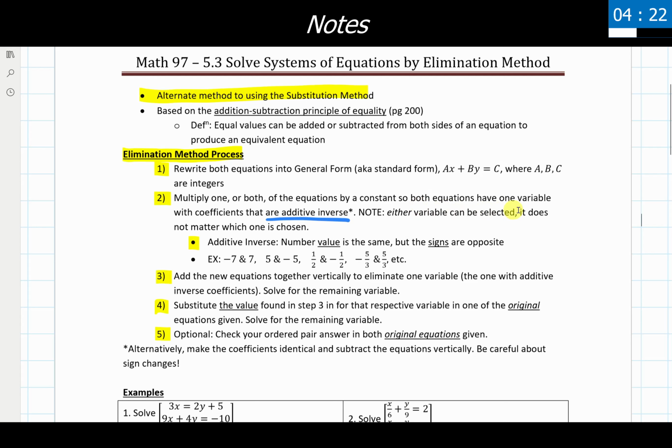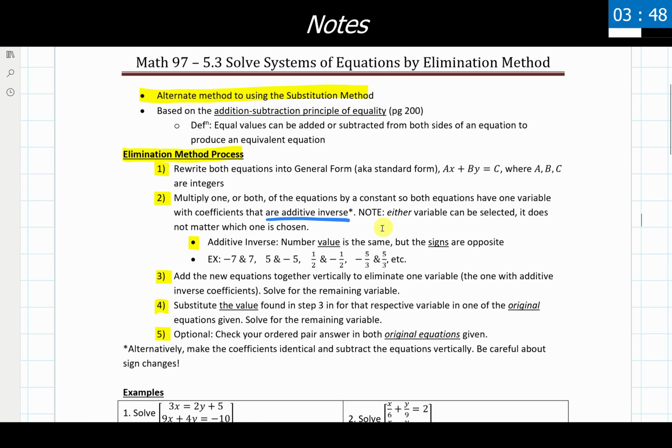So both of the equations have one variable with coefficients that are additive inverses, meaning I want the x's in both of my equations to have additive inverse coefficients. An additive inverse is defined as having a number value that is the same but opposite signs. So for instance, if I have the number -7, the additive inverse of that is +7. If I have +5, the additive inverse is -5.